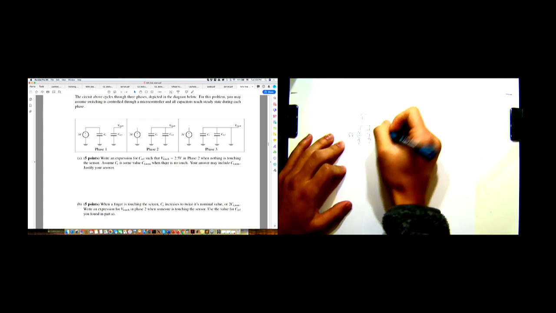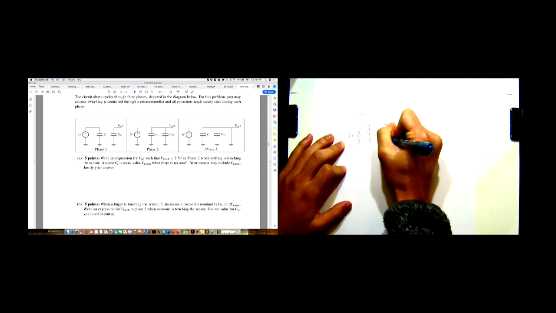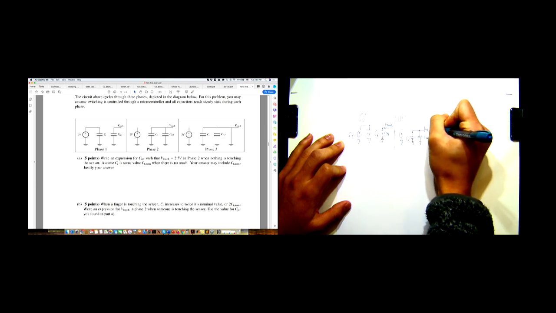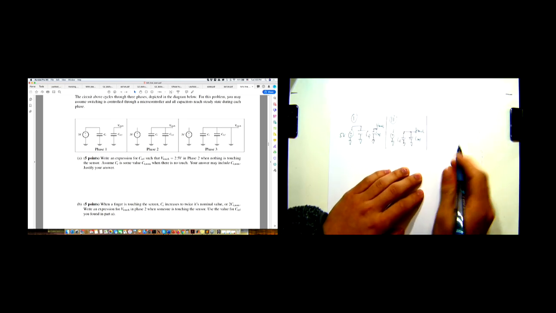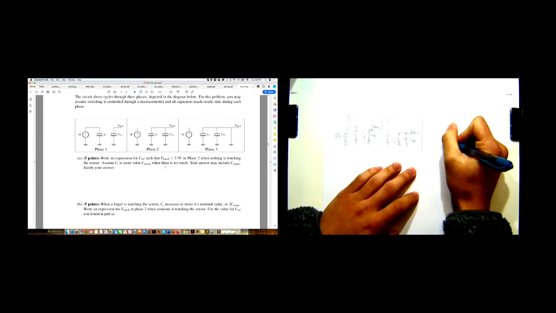So this is 1, 2, V-touch, and this is grounded. In phase 2, this one is kind of floating. And 3, it's grounded again.